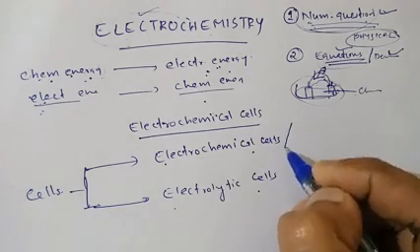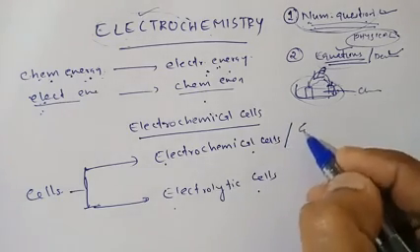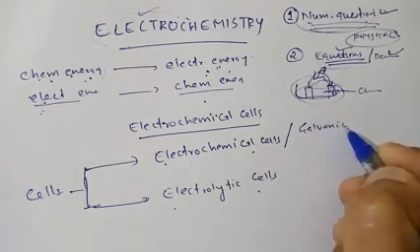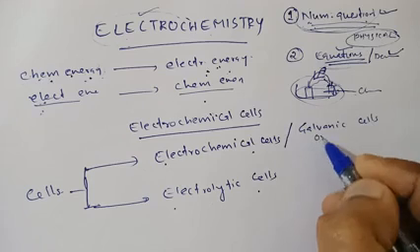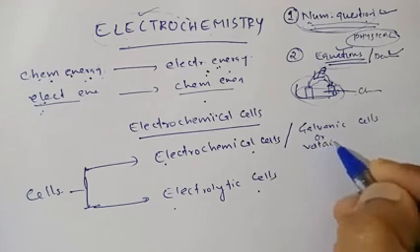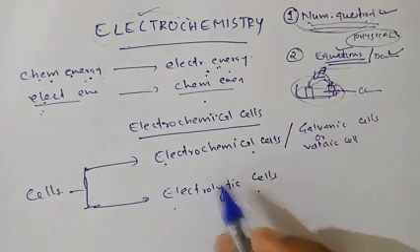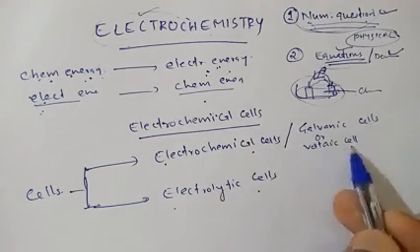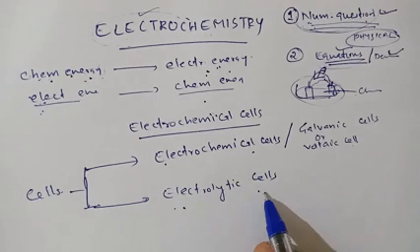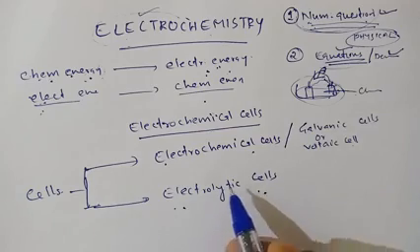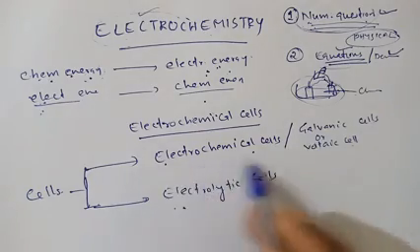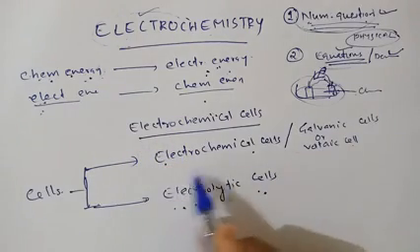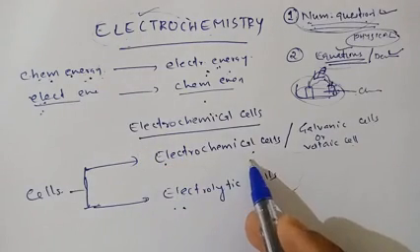Some other names are there for electrochemical cells. You may have heard about galvanic cells or voltaic cells. So electrochemical cells are also known as galvanic cells or voltaic cells, and the other one is electrolytic cells. So in this chapter the first section is about electrochemical cells and the second section is about electrolytic cells.